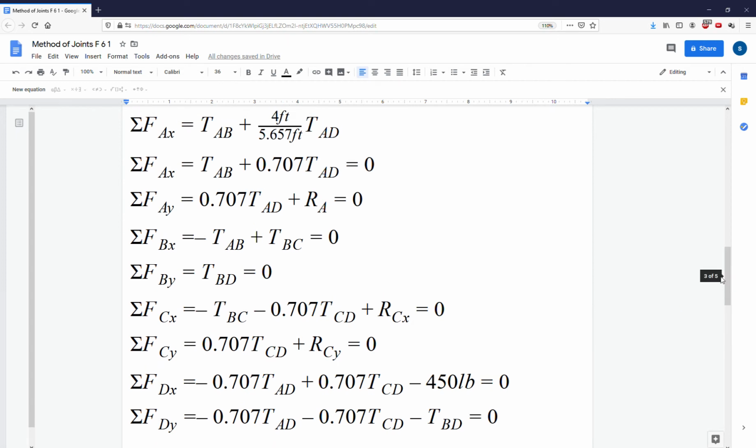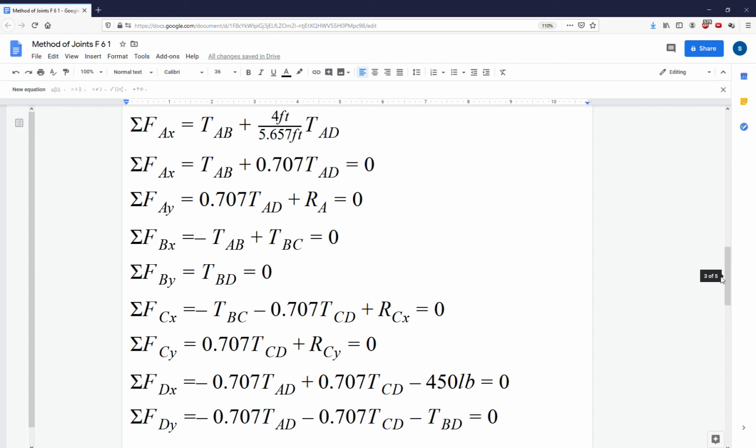So starting with A, in the X direction, both AB and AD will apply force in the X direction. Both tensions will be pulling to the right, which probably means that both are not actually under tension, but again, we are going to assume they're under tension until we get an answer.